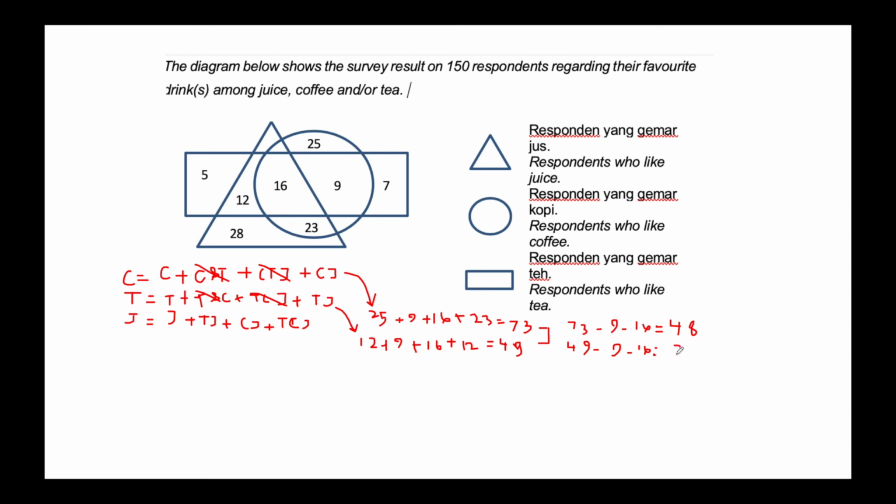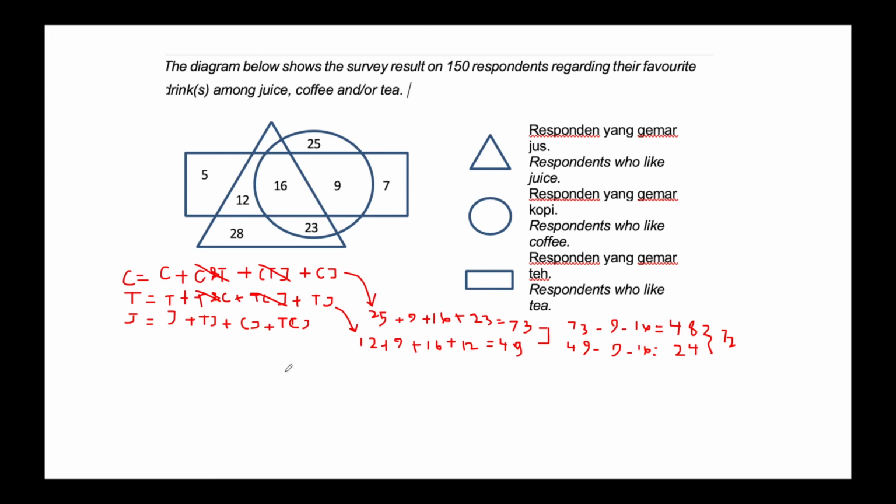This one is 24. So totaling these two values, you will get 72. So this is the answer for those who love coffee or tea but not both.